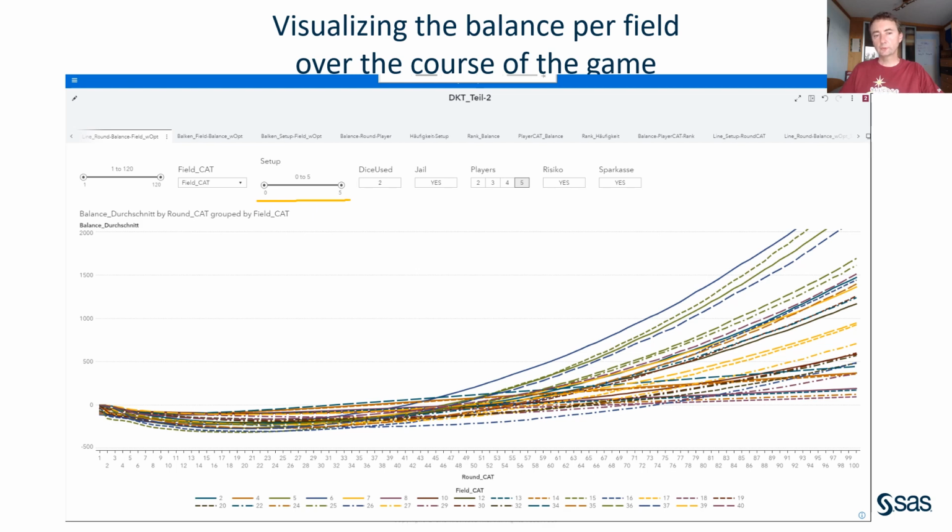Are we not allowed to build houses? This would be 0 only, as we saw earlier. Or are you allowed to build 1 to 4, up to 5 houses or a hotel? Again, a very good example that uses the results of the simulation and visualizes them interactively, and gives us the chance to review certain outcomes of simulations.